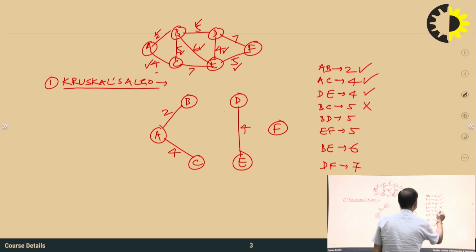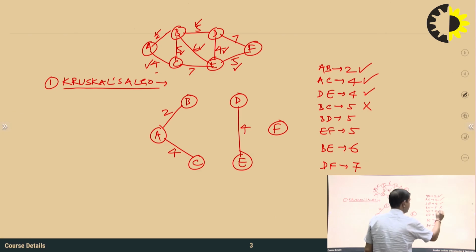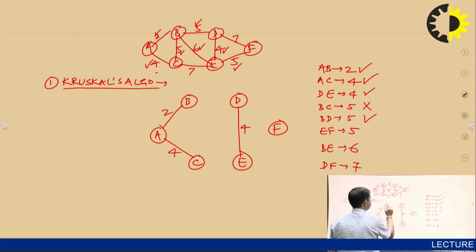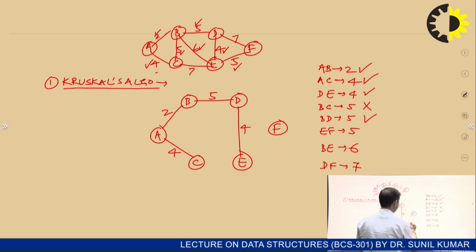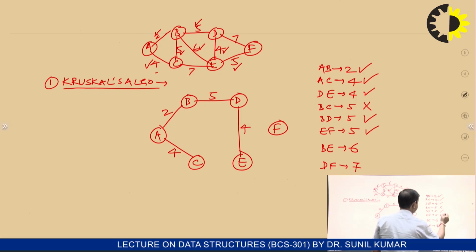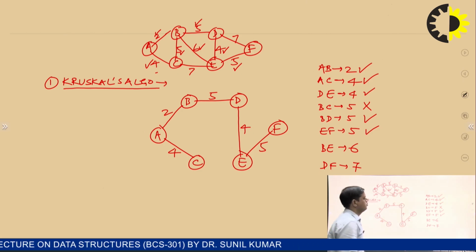देन BD, अगर मैं B को D से कनेक्ट करता हूं, कोई साइकिल क्रिएट नहीं हो रही है तो मैं इसको कनेक्ट करूंगा, तो दैट इज 5. अगेन नेक्स्ट EF, अगर मैं E को F से कनेक्ट करता हूं, कोई साइकिल क्रिएट नहीं हो रही है तो मैं इसको कनेक्ट करूंगा, दैट इज 5.